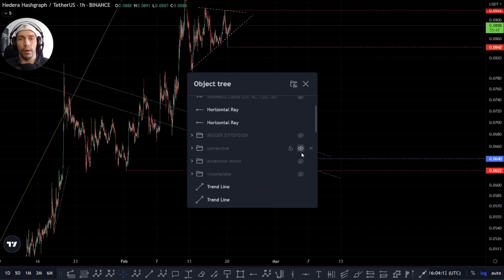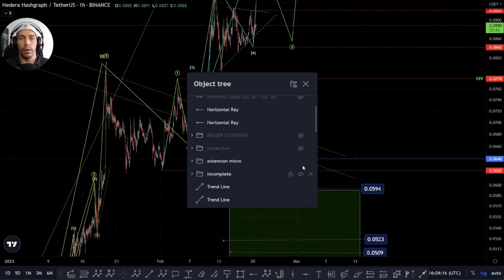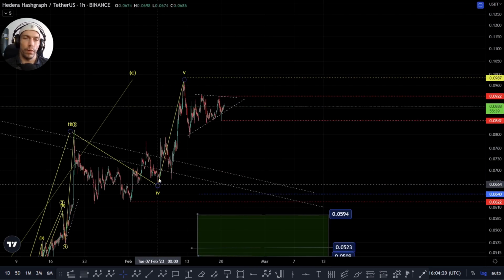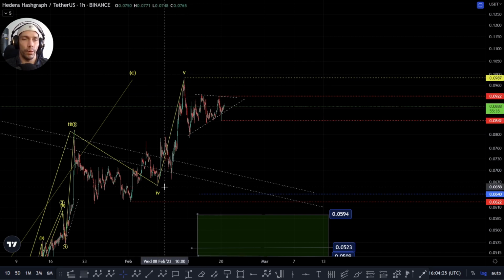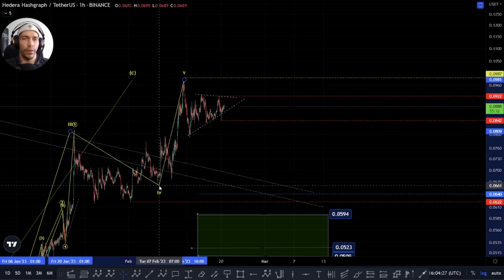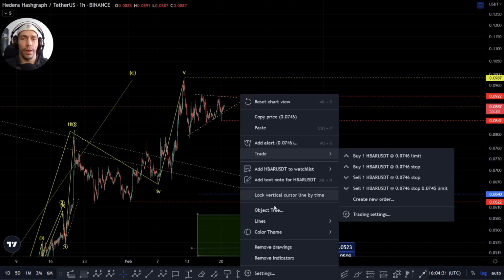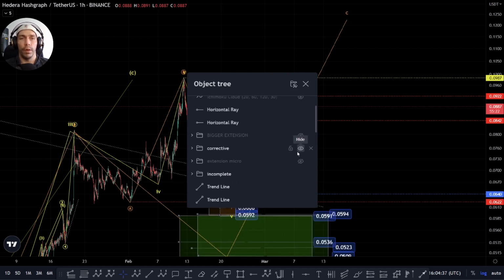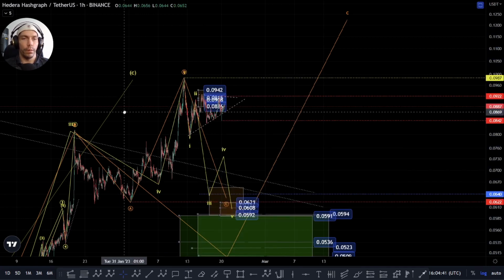So looking at that option, what we would be looking for is this move potentially completing into here, and we'd have to count this as a 1, 2, 3, 4 and a 5. It's not my favorite count looking at it like this, but it is still possible that we could be completed into this high. Sorry, I've got this mixed up.